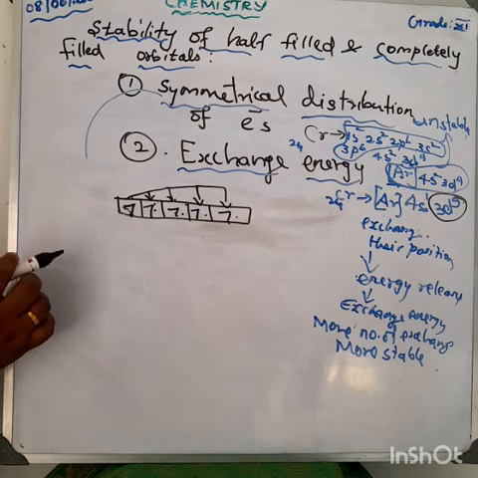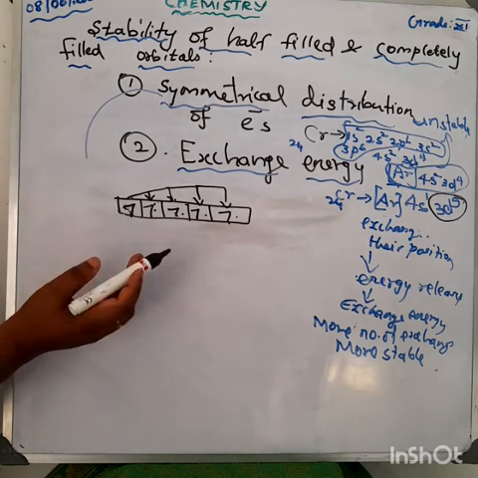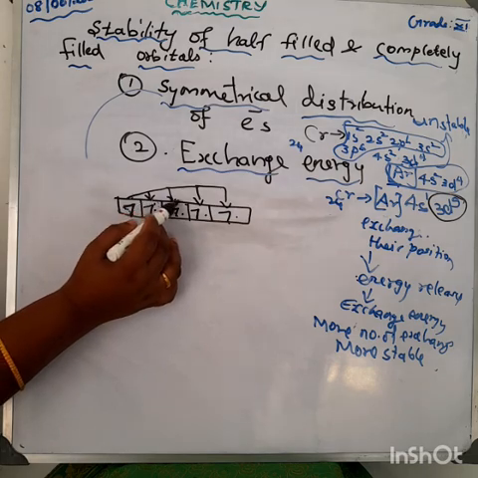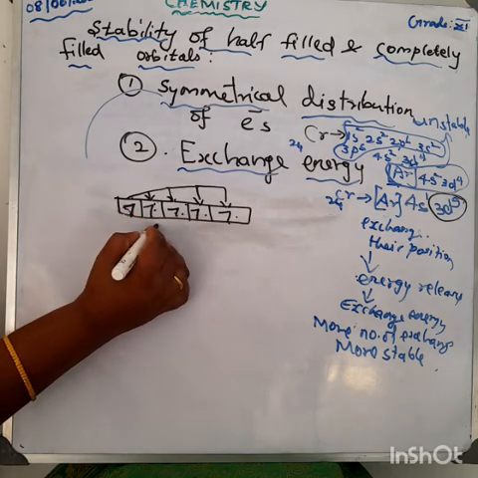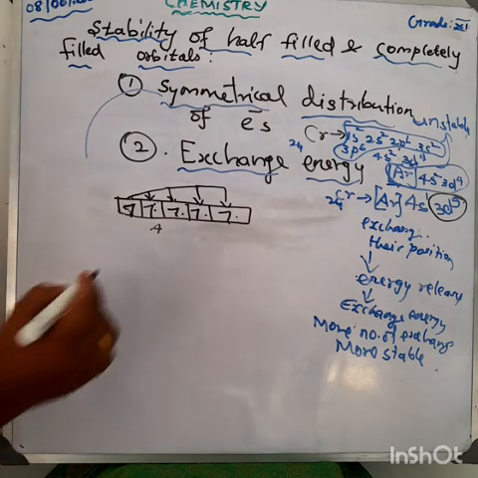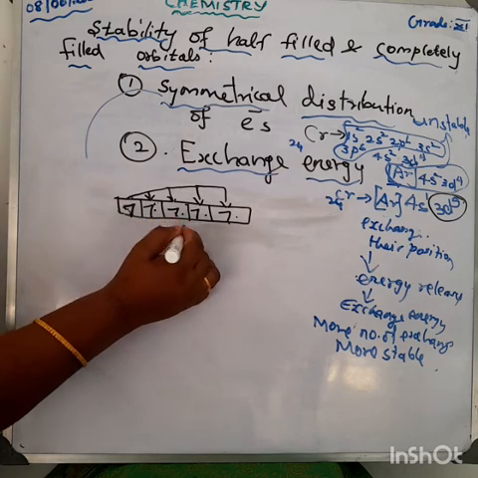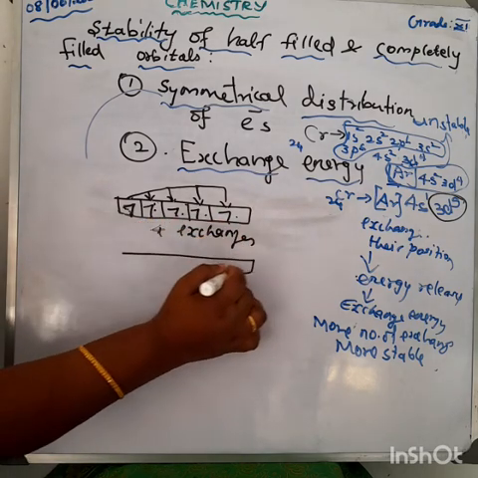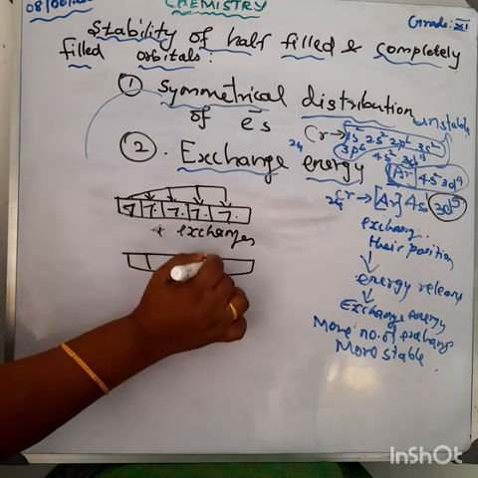So how many exchanges are possible here? Totally 1, 2, 3, 4: 4 exchanges by this electron. This is the half-filled d orbital, and 4 exchanges are possible here.